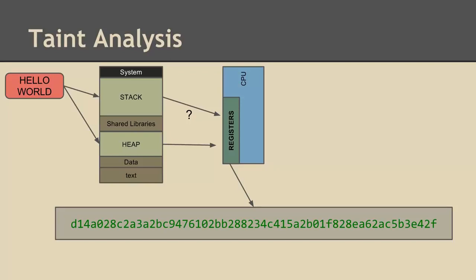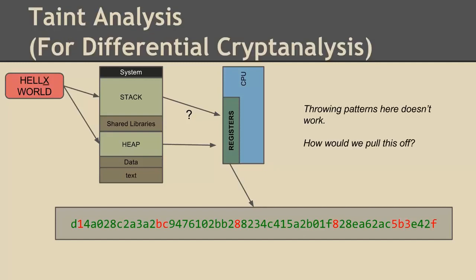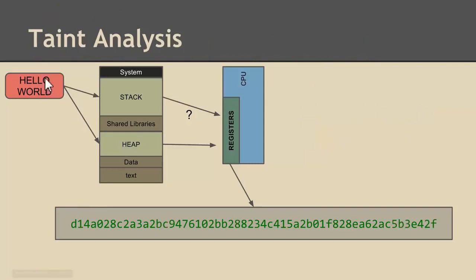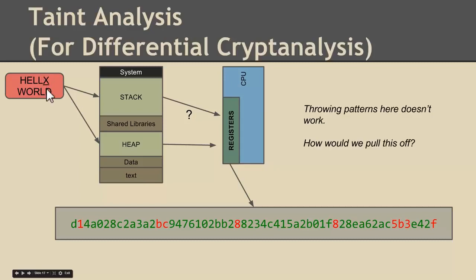And this is also touching the realm of cryptanalysis and differential cryptanalysis. And it's important to note that you're not going to be able to determine exactly when you change hello world and change the O here to an X, you're not going to be able to exactly determine with this dumb approach exactly what bytes are changed in the resulting hash.